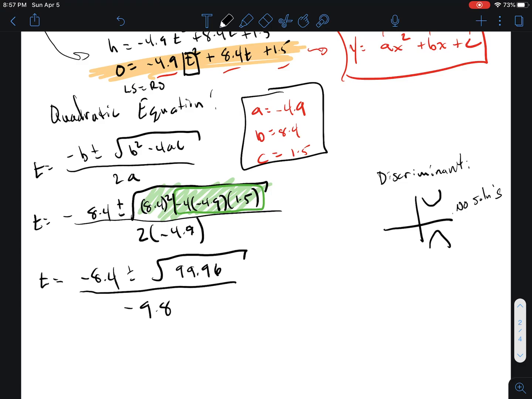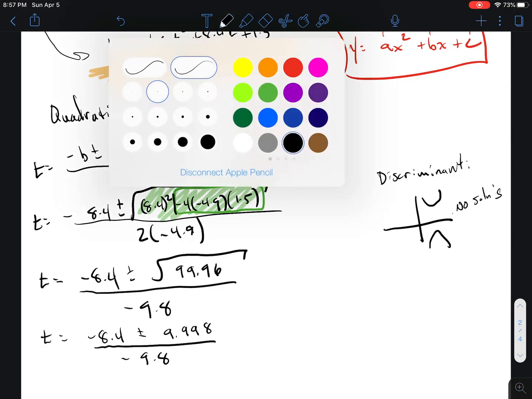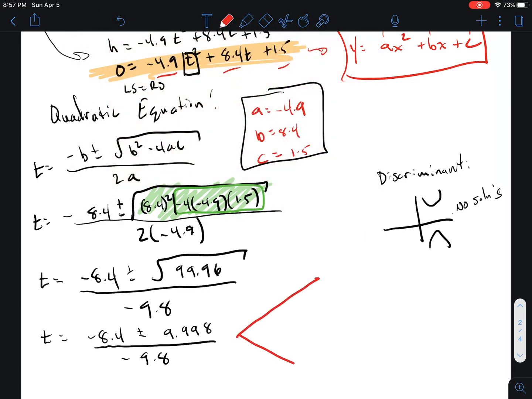And so from there, we just do the rest of the math. So I square root the 99.96, and we're going to get t equals negative 8.4 plus or minus 9.998, and that's all divided by negative 9.8. Now it's at this point that you get to split the quadratic equation into two answers.